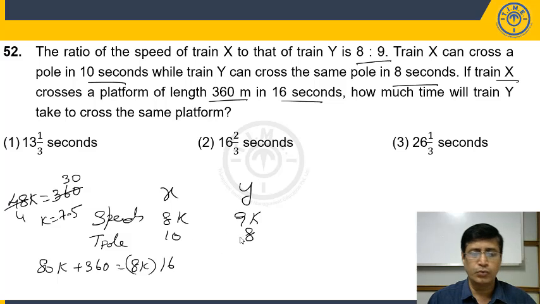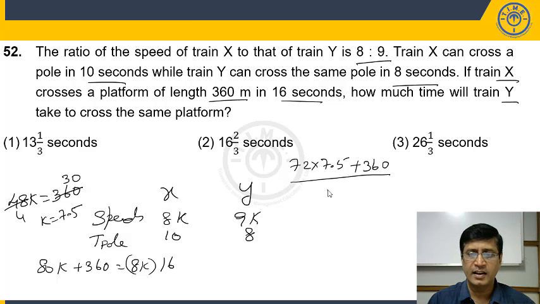Now 7.5 is the value of K. What do we need to find? The train Y can cross this in how much time? Train Y means 9 into 8, 72K. 72K means 72 into 7.5 plus 360, whereas the speed is equal to 9K, that is 9 into 7.5.